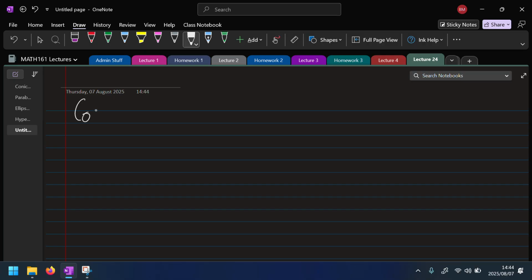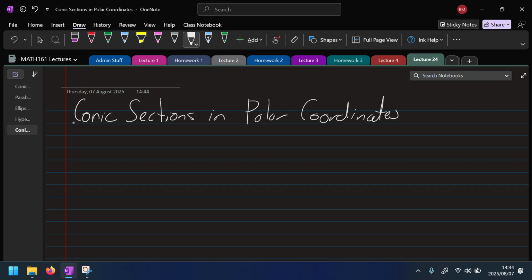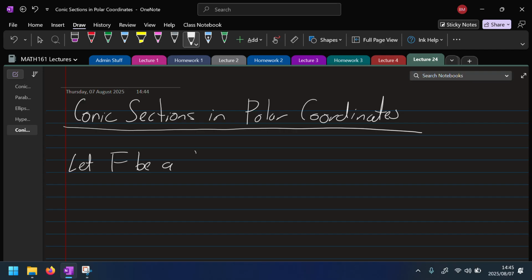Okay, conic sections in polar coordinates. Okay. So let's start off with a definition. Well, it's a theorem, but we're not going to prove it, so you just take it as a fact. Okay, so let F be a fixed focus point.